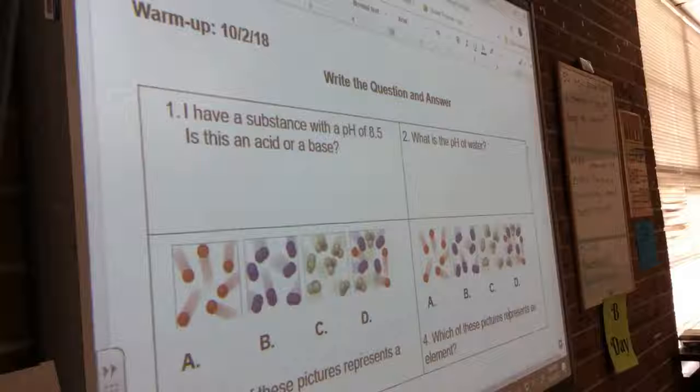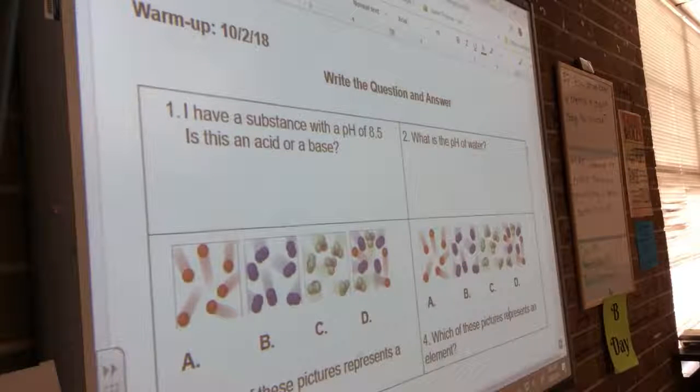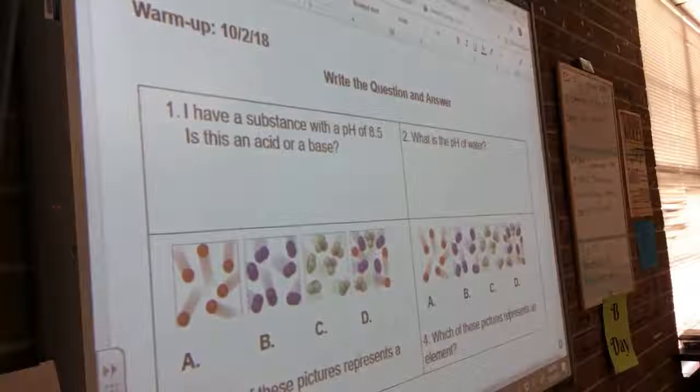You do not have to draw the pictures, unless you just really want to. All you do is write down the question and your answer. We'll give you about 4 more minutes.